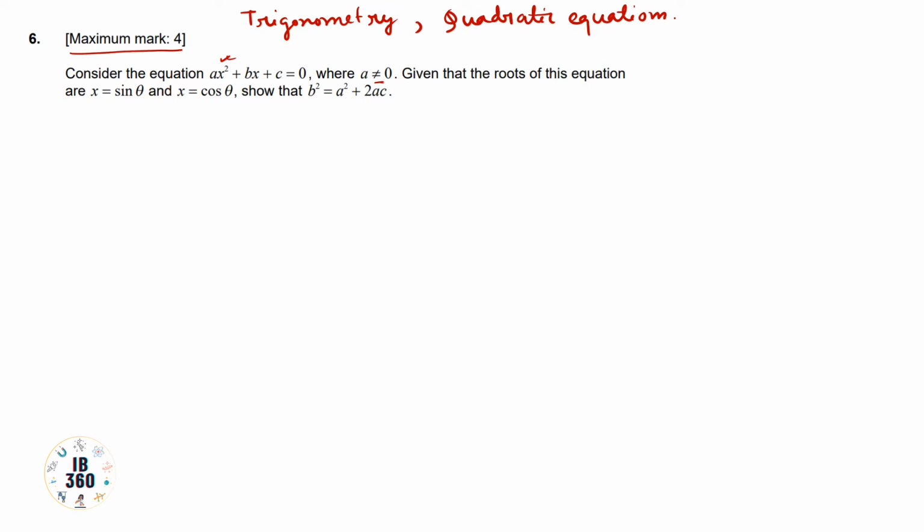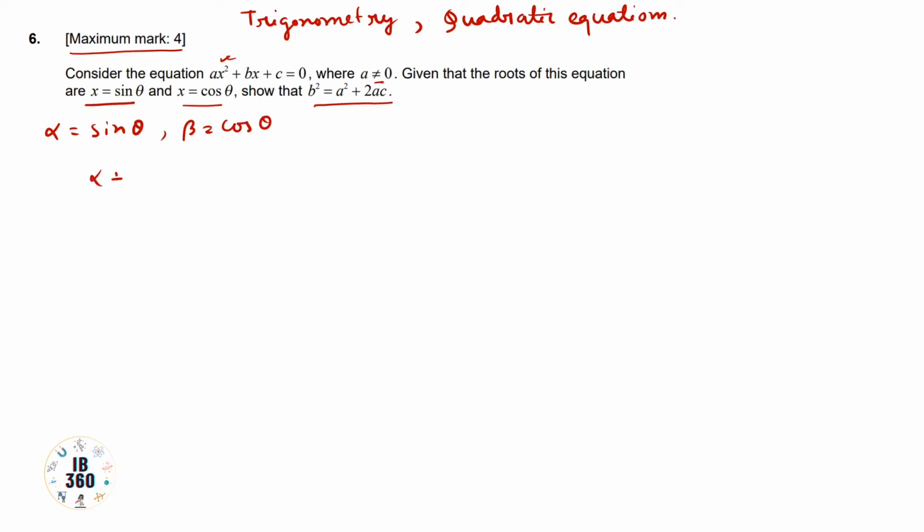Given that the roots of this equation are x equals sine theta and x equals cos theta, so that b square equals a square plus 2ac. So let the first root be alpha equals sine theta, and the second root beta equals cos theta.